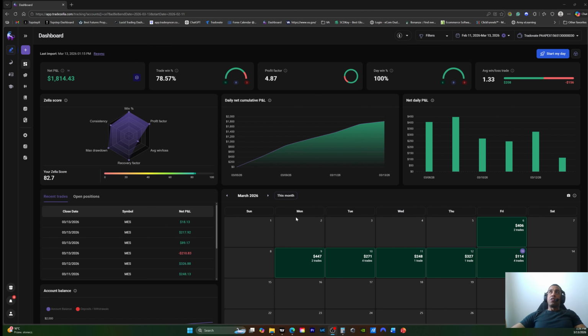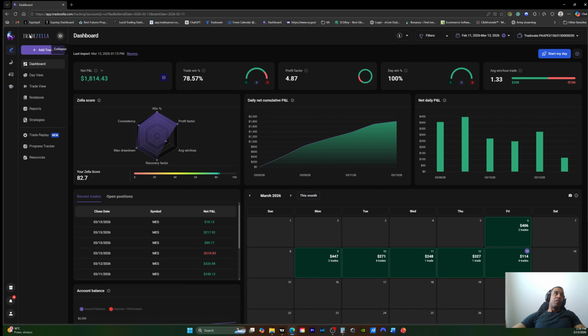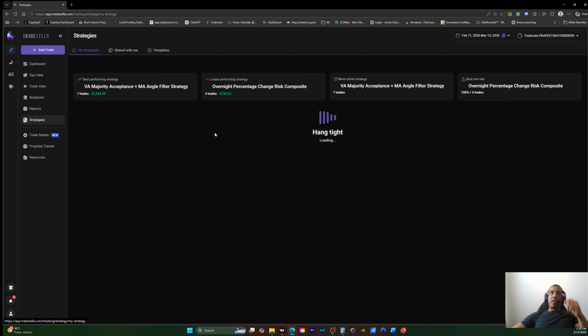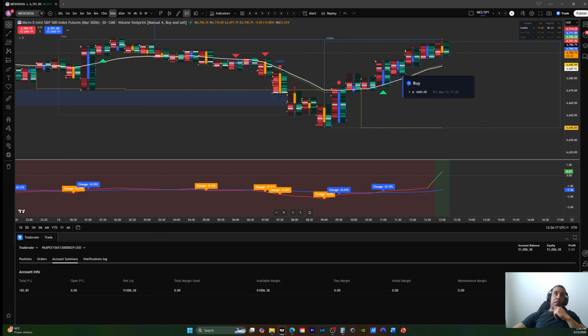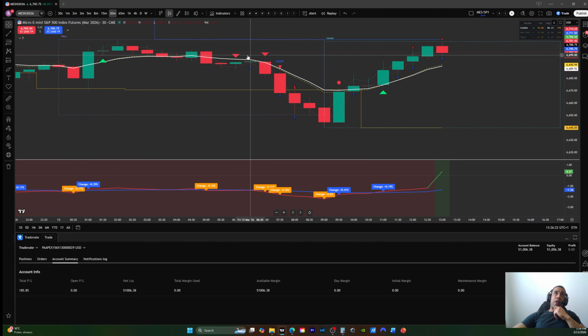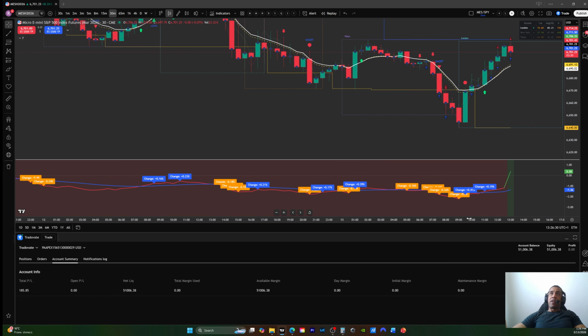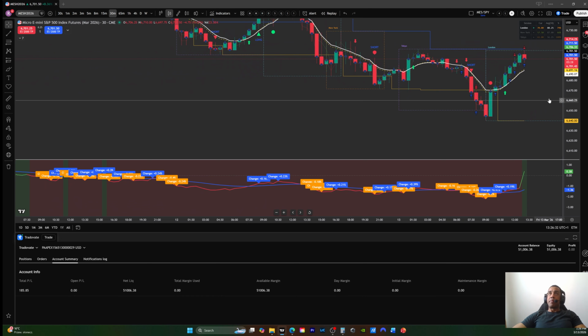If I go to strategy-wise, let me seek my strategies. This one right here, value area majority acceptance, is on TradingView. This is the indicator that's printing these down arrows, 1, 2. That's an indicator. This green triangle up arrow is that value area acceptance.